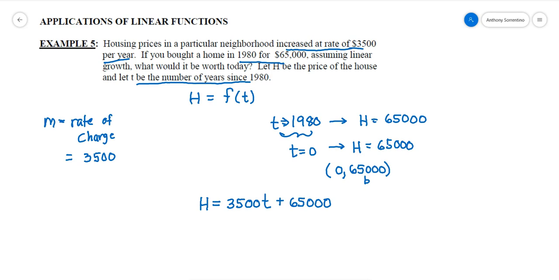And so now, since I am recording this in 2019, I'm going to say today is 2019. Since it's a number of years past 1980, T would be 39 years.